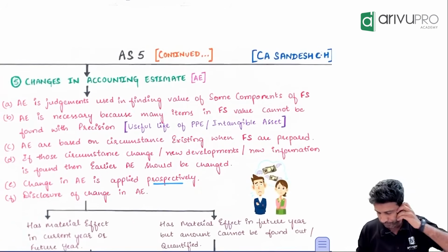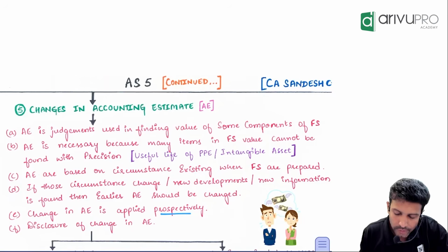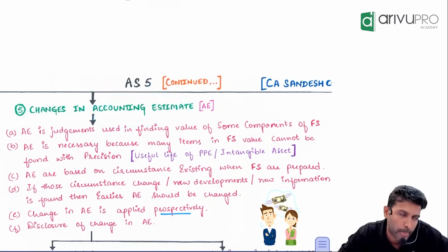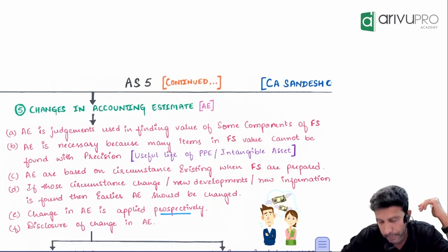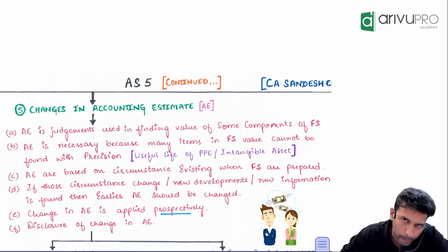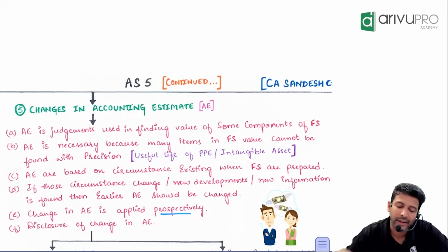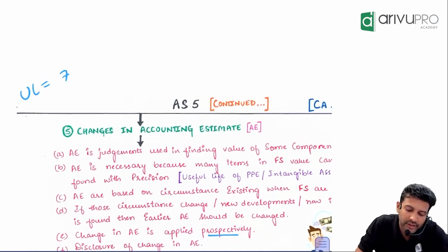Okay, last one for AS 5, which is accounting estimate changes. Accounting estimates are basically certain judgments or approximations used to prepare financial statements. Like, a particular property, plant and equipment's useful life is 7 years.